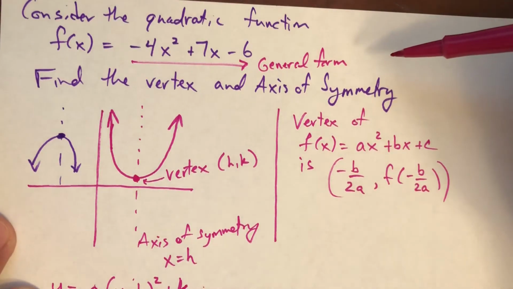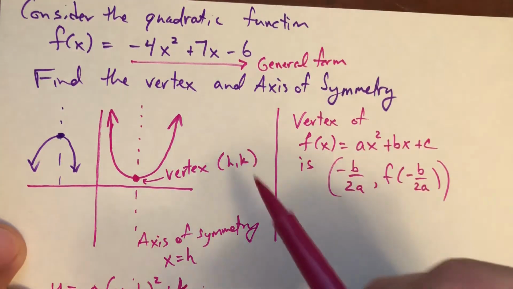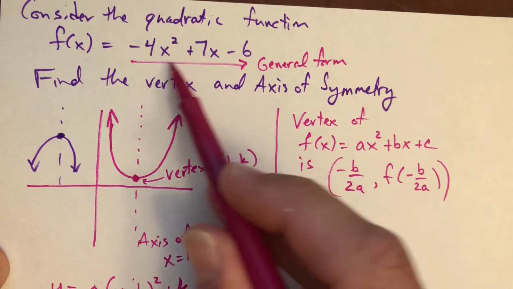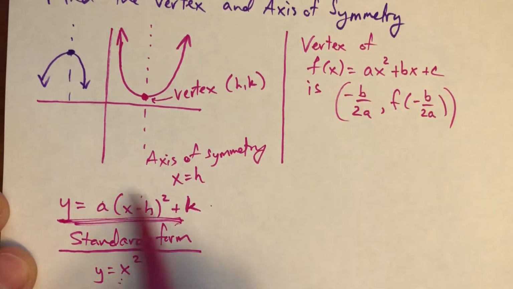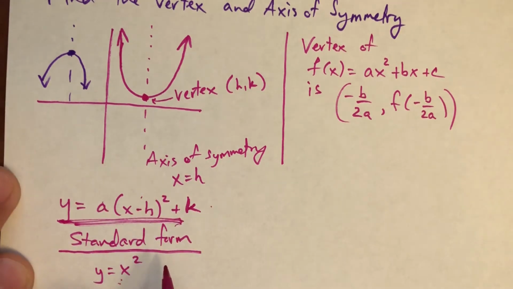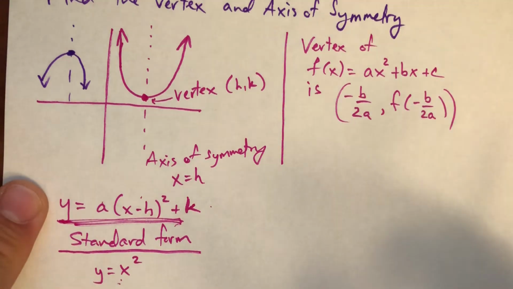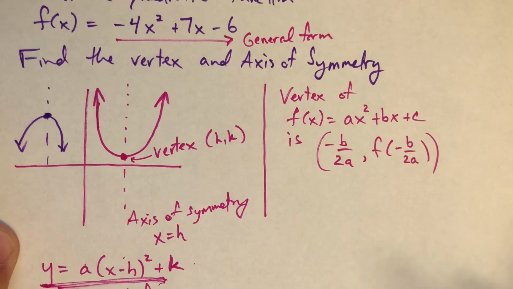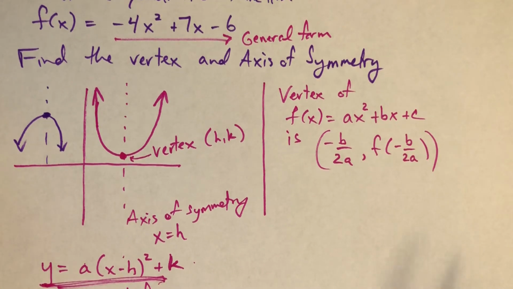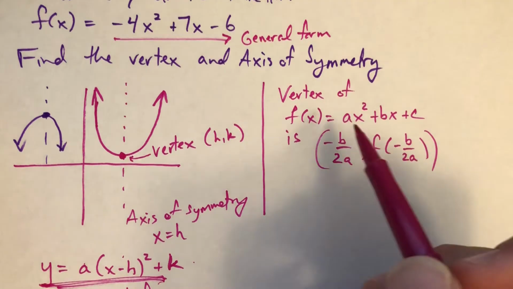Well, what we can do, if we really wanted to, is just complete the square, right? We could factor this in such a way that we would have a perfect square, and it would kind of look like this, but we would have to do a bit of work, and we don't really want to do that. Maybe we've done it a few times in our practice, and that's wonderful, because completing the square is a useful skill in math classes in general.